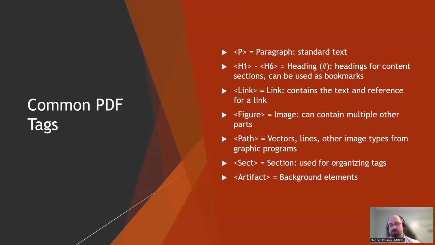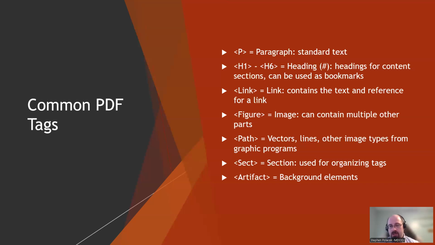Things like color splash on the background or page numbers where the program already tells us the page number, so we don't really need another thing telling us what page we're on. So artifacts will tell assistive technology and other programs, skip this, don't read it to the user. It's really just there for visual enhancement or for extraneous space filling.